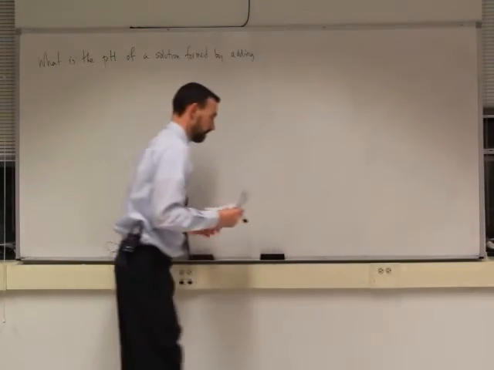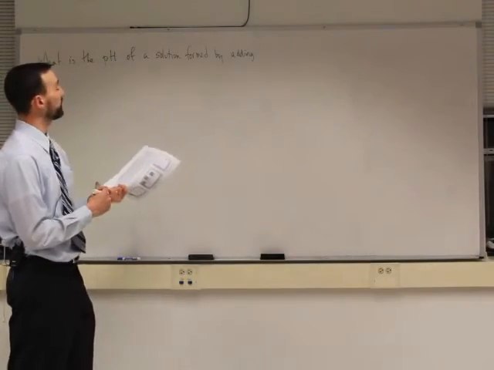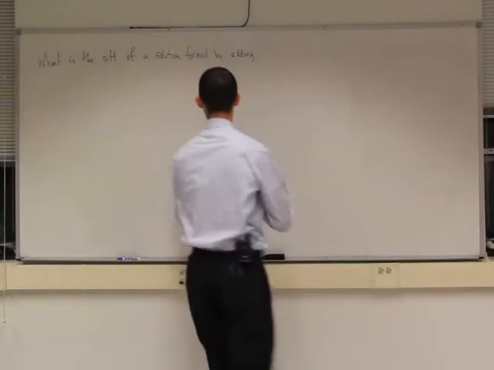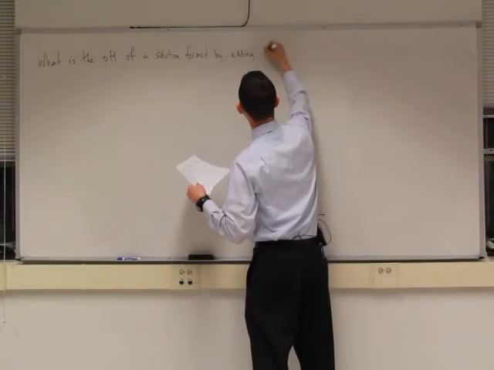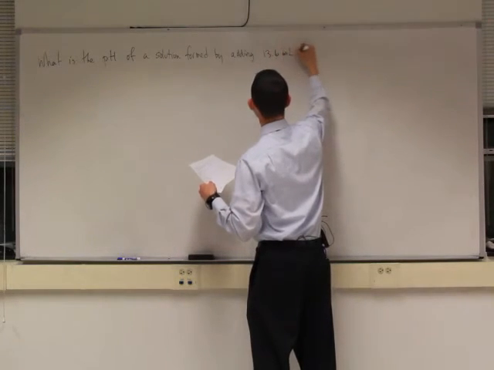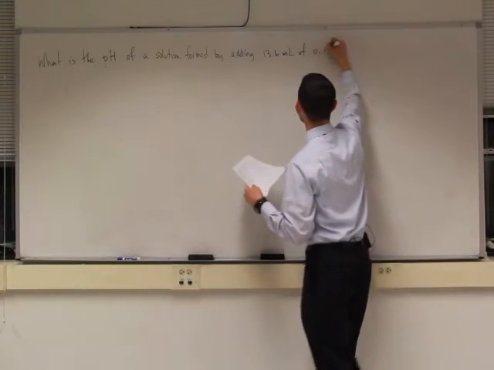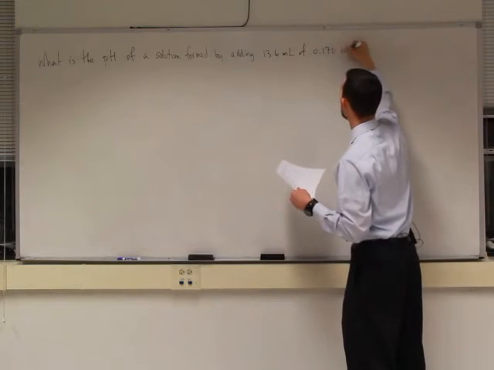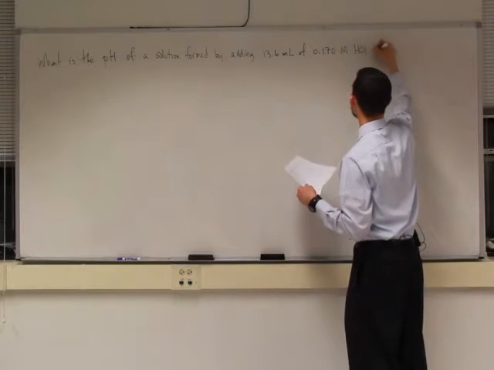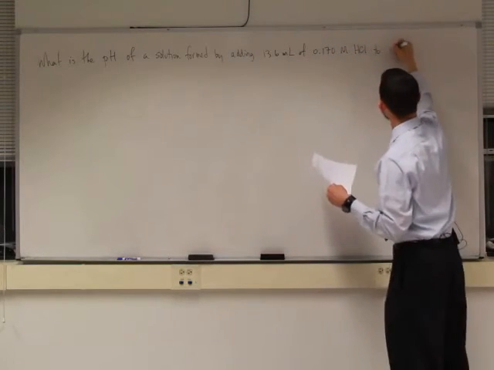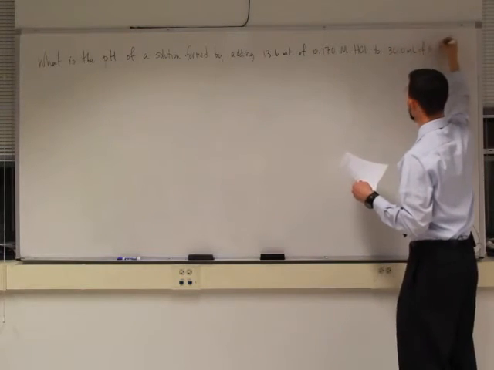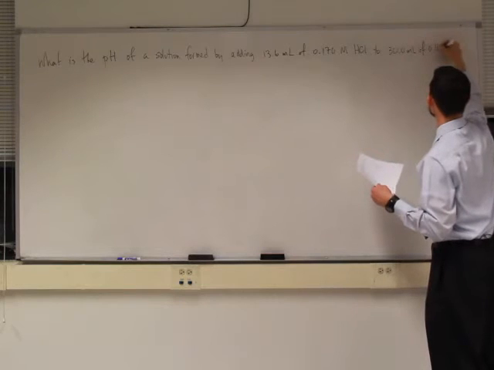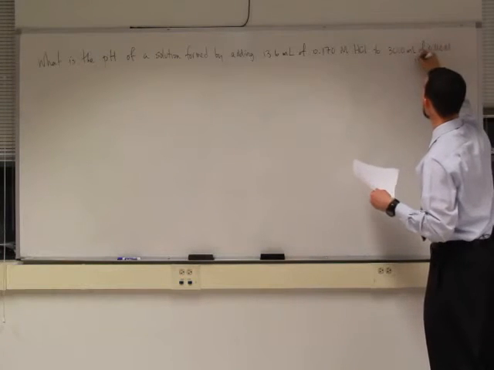So, what is the pH of a solution formed by adding 13.6 milliliters of 0.17 molar hydrochloric acid to 30.0 milliliters of 0.160 molar nicotine?